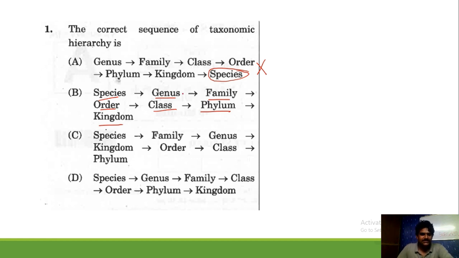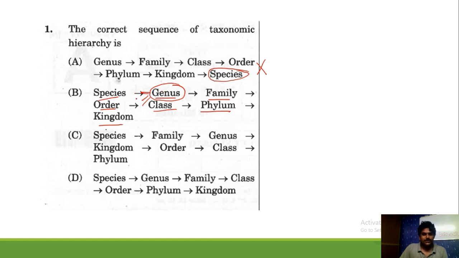Then what is genus? You can directly guess it. The species come under the genus. There will be a lot of species, but there will be only one genus for one organism.